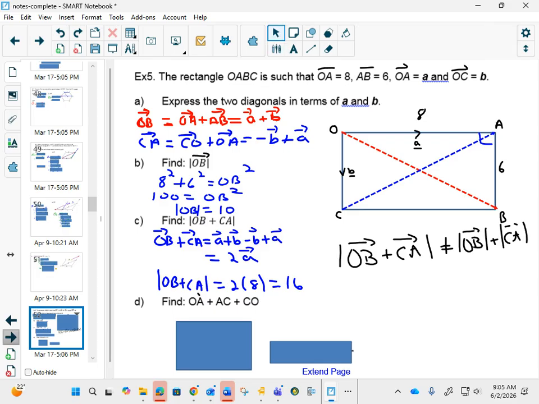I like this last one. OA, vectors, what are these? OA plus AC plus CO. If the two letters in the middle are the same, OA and AC will become, I'm not even going to do the bubbles here.